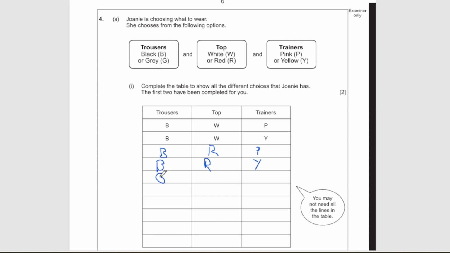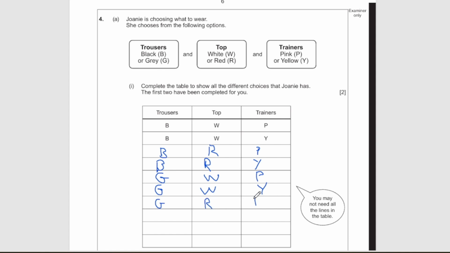Then we've got grey. Grey, white and pink. Same top and trainers as when it was black trousers, but this time it's grey. So grey, white, and instead of pink trainers, we could have yellow trainers. We've done all the grey and white, so now it's grey and red.